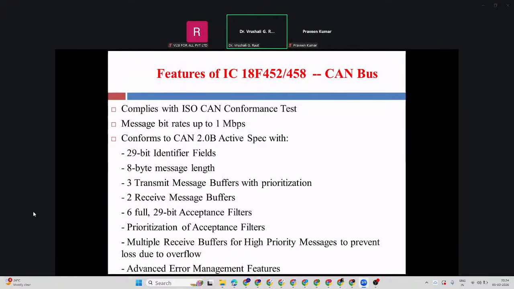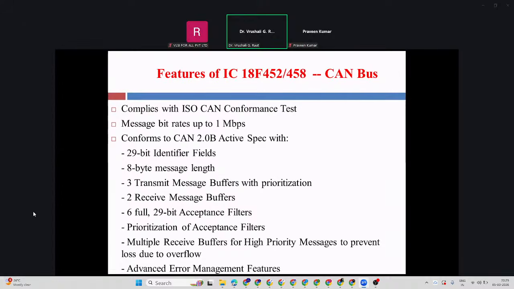Then we were talking about one protocol, the CAN protocol, right? CAN bus. Have you heard this name, CAN bus? In what application is it used? Do you know where the CAN transceiver module is generally used?